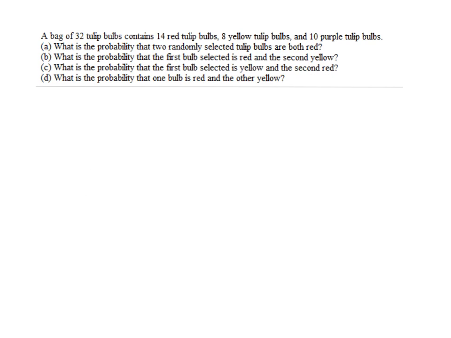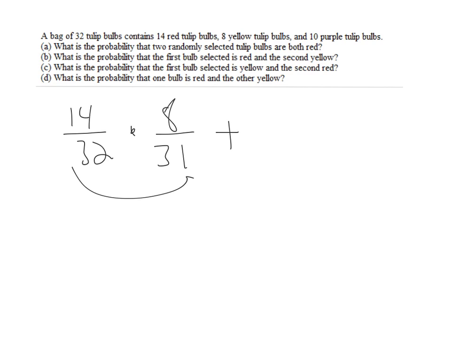So then for the very last one, what's the probability that one is red and the other is yellow? Well, they aren't telling us an order here, so we're going to consider the first bulb, if it's 14 out of 32, and then the second one would be 8 out of 31, but then we have to add in the possibility where it's a red, then a yellow, or we can do yellow, then a red.